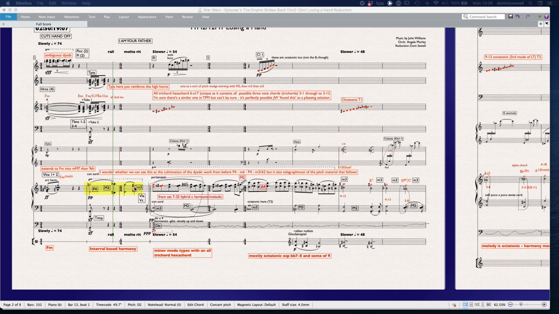Very thin sound. Yeah, very octatonic now.